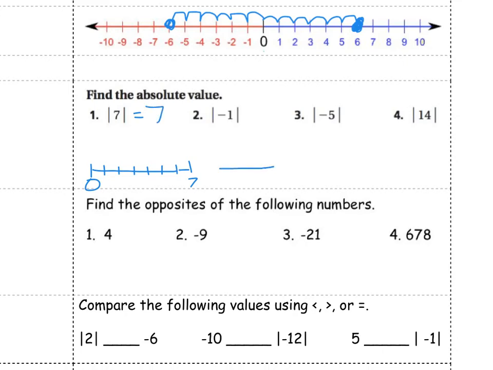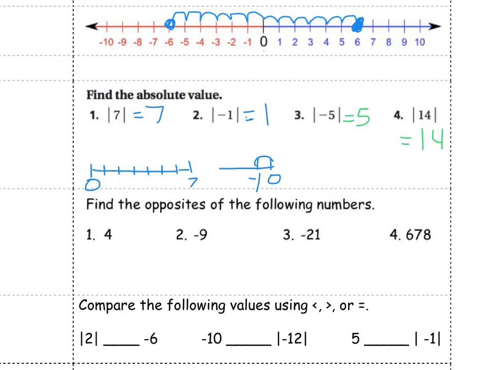For -1, remember when we number going in the negatives, we start at 0, and here's 1 unit away, so that would be -1. So it's 1 hop away. So the absolute value of -1 is also 1. All right, please pause, do the next two, and then come back and check your answers.